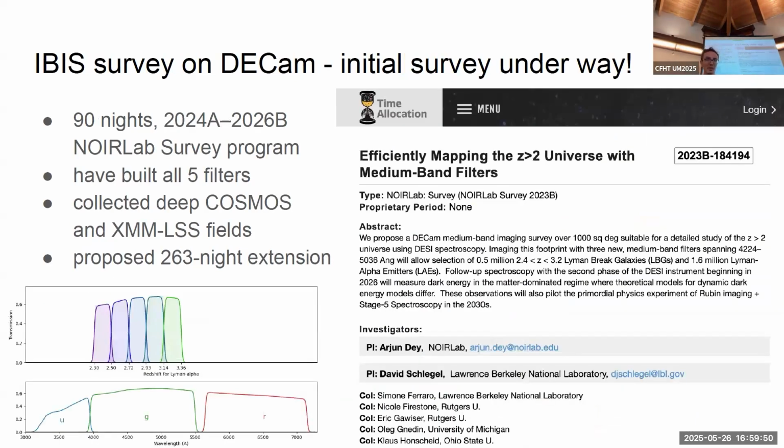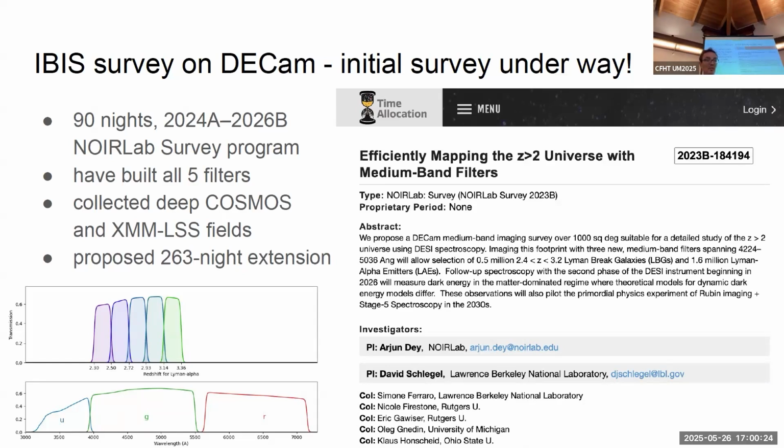Okay, so we have a 90-night pilot survey running on Dark Energy Camera right now in Chile. We're observing tonight. And we've built all of these 5 filters and taken deep data on COSMOS and XMM-LSS. We should release those data very soon to make them available for people to look at and experiment with.